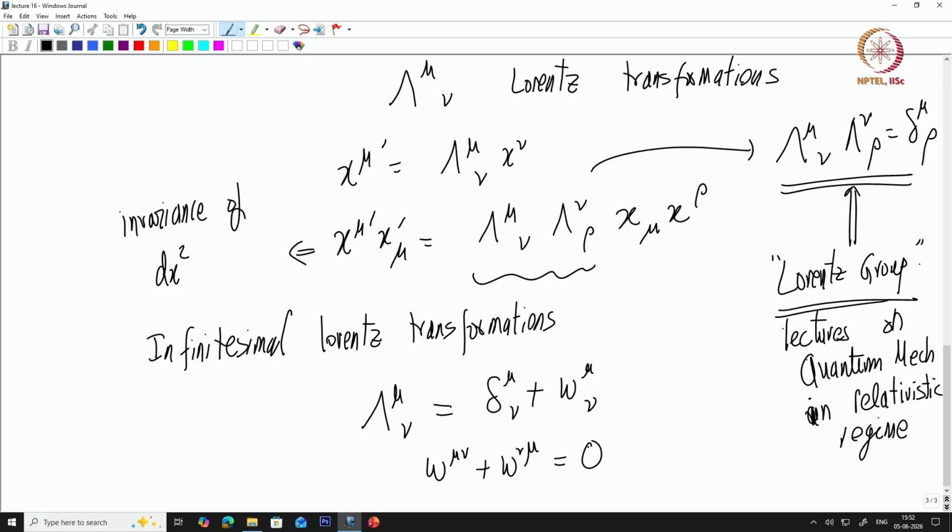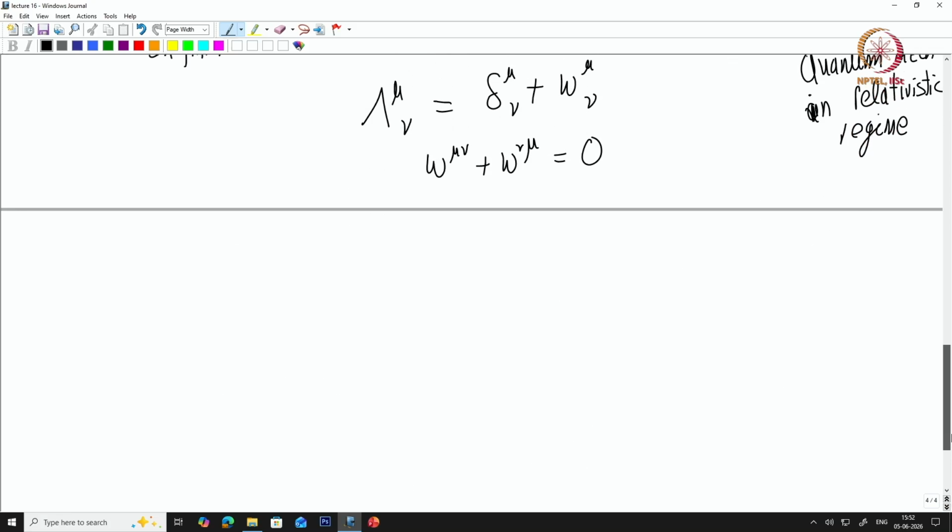Because omega is antisymmetric, you end up having only 6 elements, which are divided into 3 boosts and 3 rotations.